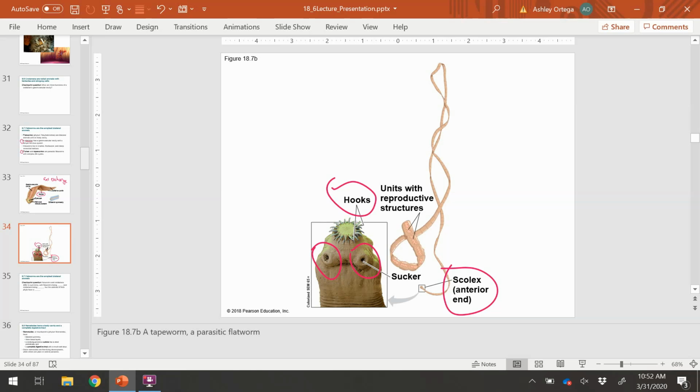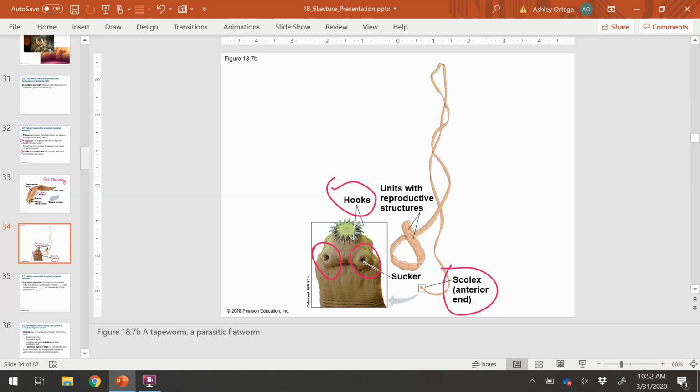As we look at the tapeworm, we'll see it has small segments that repeat over and over again. As the tapeworm gets older, it gets longer. As the tail region gets longer, some of it is going to start to break off and leave the digestive system through the feces, and then that feces is now contaminated and it could infect other organisms and give them the tapeworm.